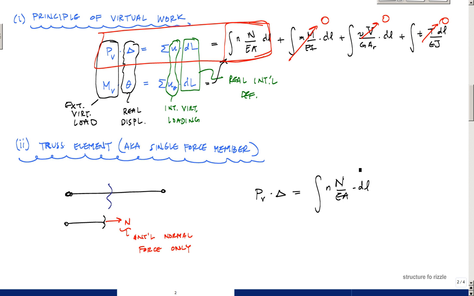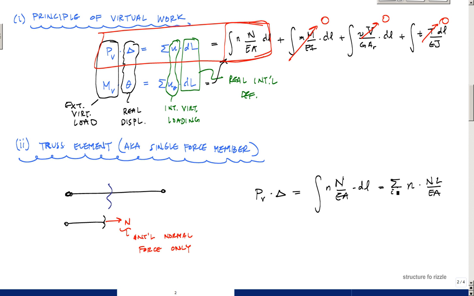If all the areas are constant and the normal force inside each member is also constant, which is usually the case, then I can just do a summation of n, the internal virtual force, times the real internal displacement, NL over EA, for all its members.